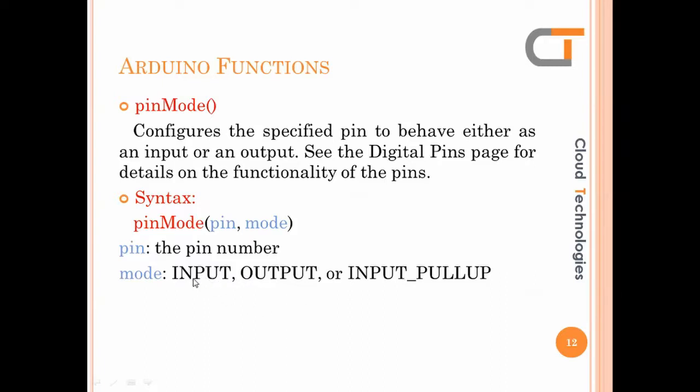INPUT means we can take the value from that particular pin, and OUTPUT lets us control that particular pin. INPUT_PULLUP means it will be an input, but it will be in the high state, so it makes the pin high.